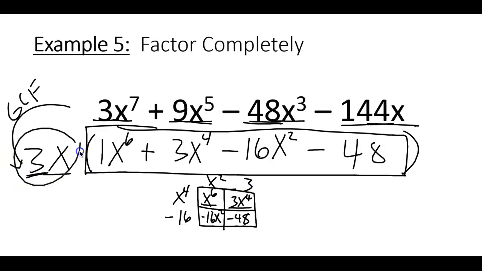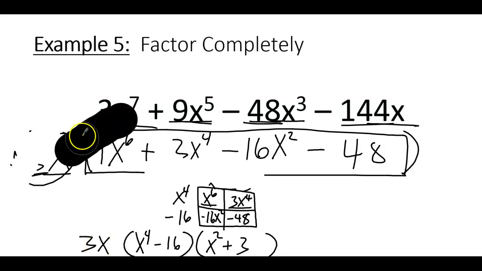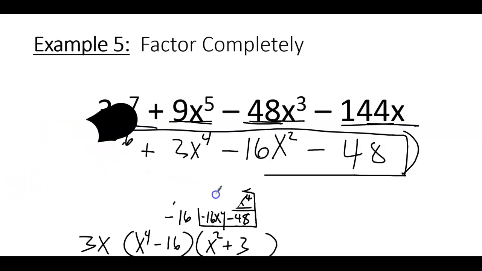So now I've got my GCF that I took out. And now I've just broken up that 4-term polynomial into x to the 4th minus 16 and x squared plus 3. Are we done yet? Well, I don't know. We might be able to go a little bit further. So now what we're going to do is we're going to look at each one of these terms, and we're going to see, can I factor them some more?